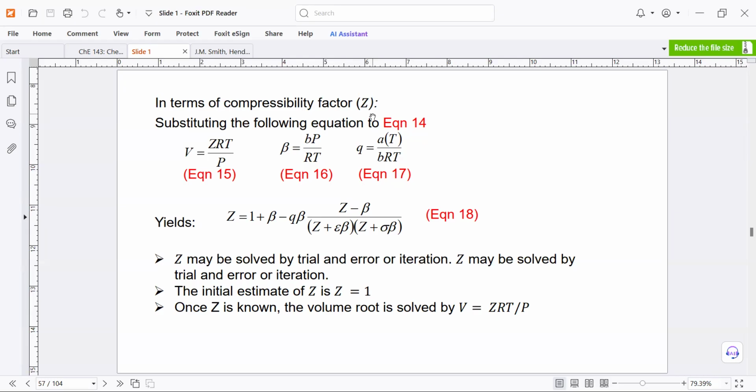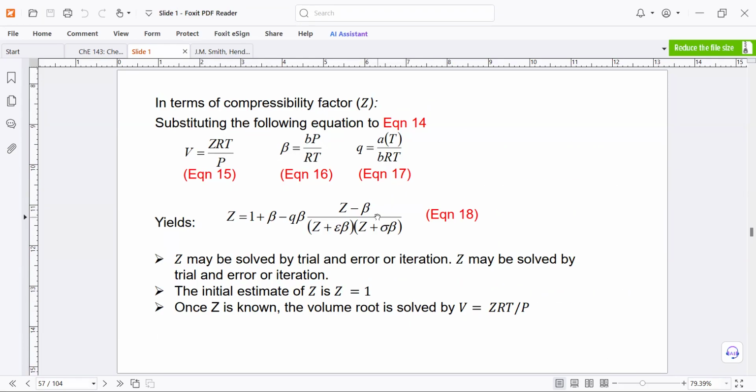So B is for the repulsive forces that make up the volume. A is for the attractive forces, and they correct for the non-idealities. Now, we also have epsilon and sigma, and they adjust the shape of the PVT isotherms. Okay, so these are the meanings of these parameters.